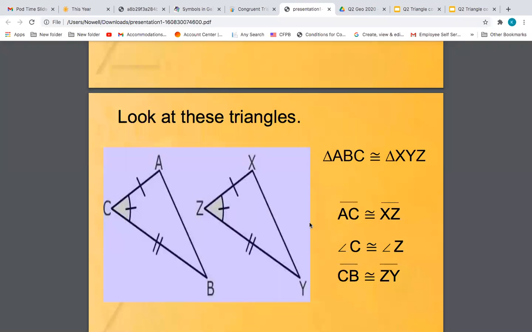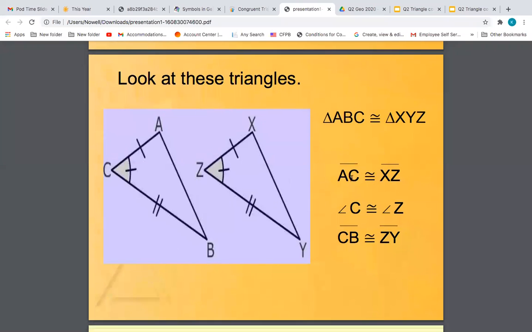All right. So in here, when we say it, side AC is congruent to XZ, and then we prove that the angle made by those two corresponding sides, which is angle C, is equal to angle Z. Fine.